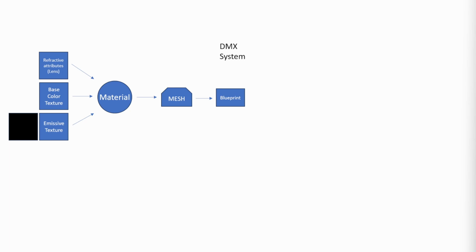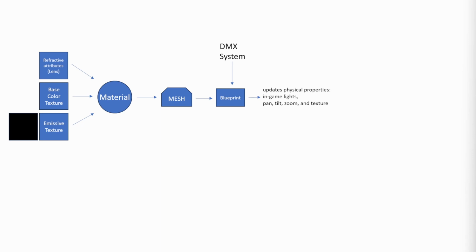And so we take all of this and apply a DMX system to our blueprint so that we can actually get DMX signals into it. And so all of these elements work together.